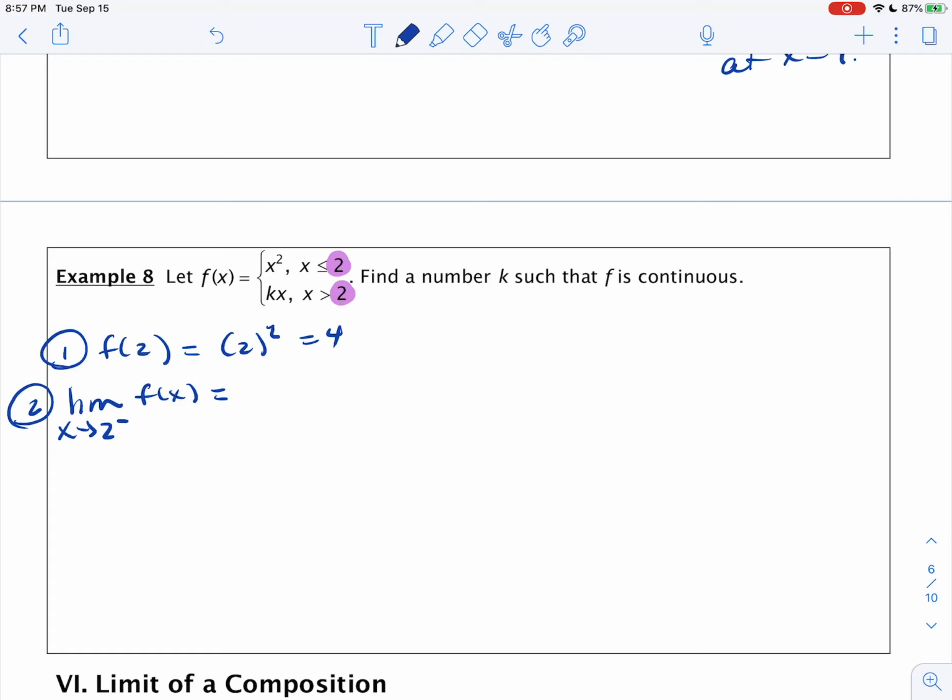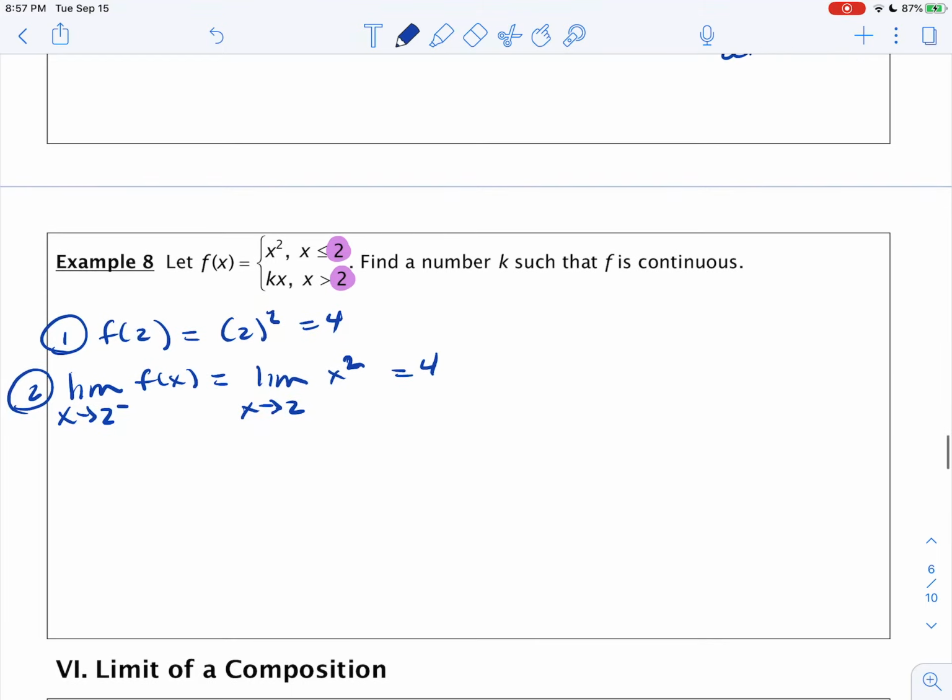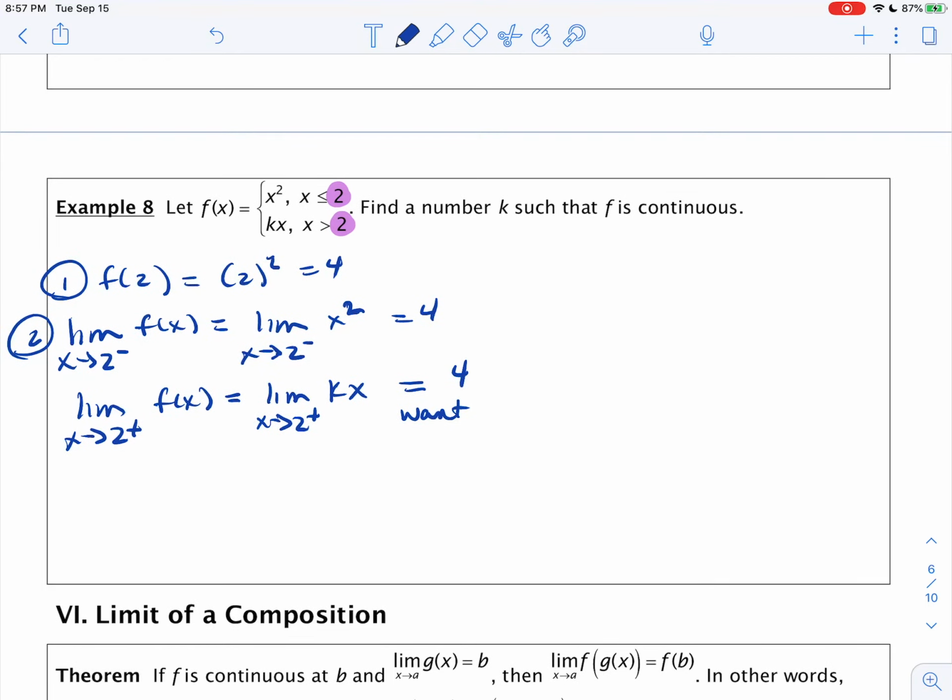The limit as x approaches 2 from the left of f of x is going to be the limit as x approaches 2 of x squared, because that's the function expression for values less than 2, and that's going to equal 4, so that works. But what's the limit as x approaches 2 from the right of f of x? That's going to be the limit as x approaches 2 from the right of k times x, and we want it to equal 4, right?